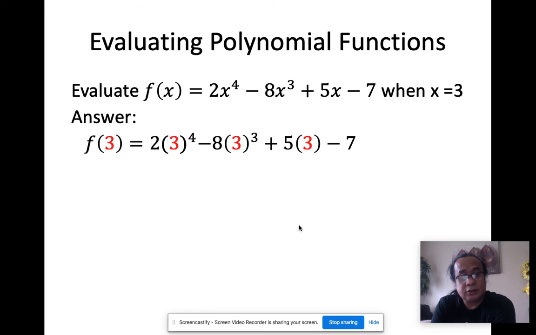Notice f of 3: I'm basically substituting x as 3. So 3 to the fourth is 81, and 81 times 2 is 162. Then 27 times 8 is 216. And then you have 5 times 3, which is 15, and then minus 7. I get the answer to be 98.